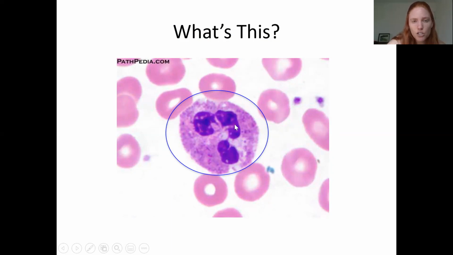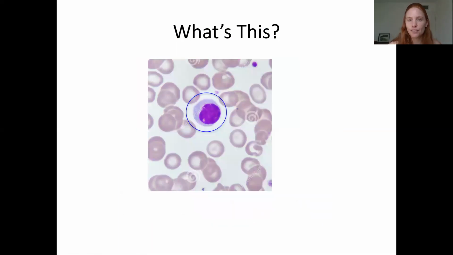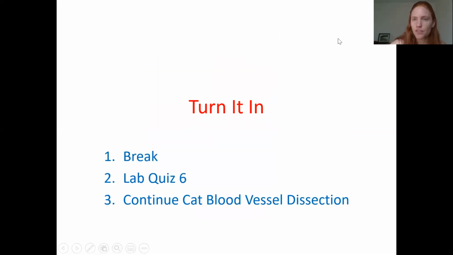There's 1, 2, 3 circles in it, so three lobes of the nucleus. So this must be a neutrophil. Okay, for this one, no granules, super round nucleus. This must be a lymphocyte. Okay, so that's good for now.